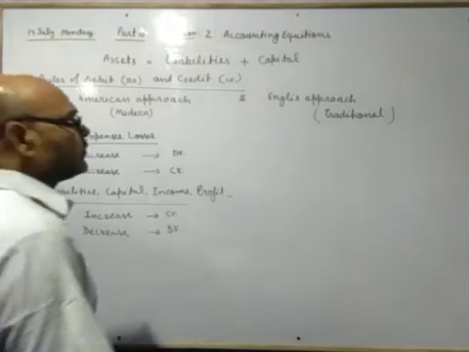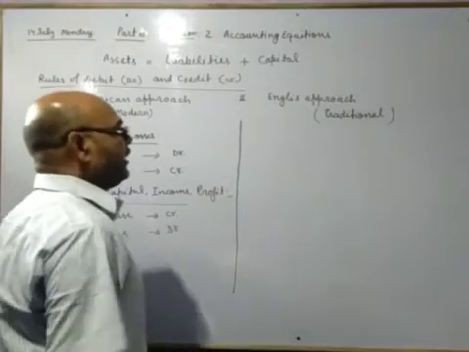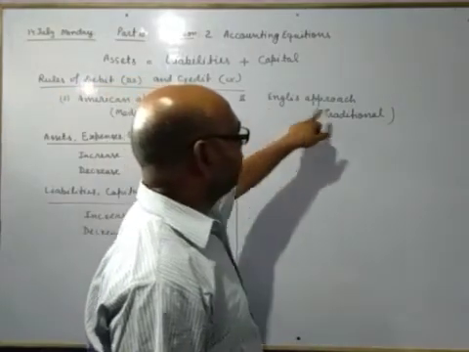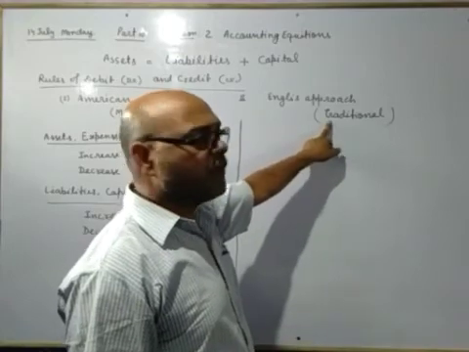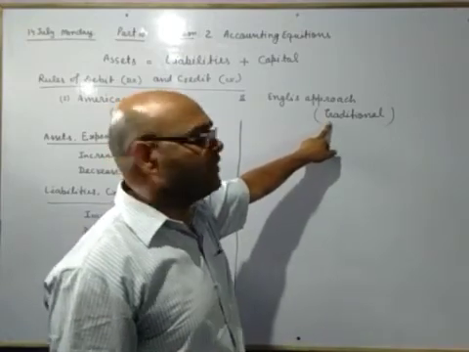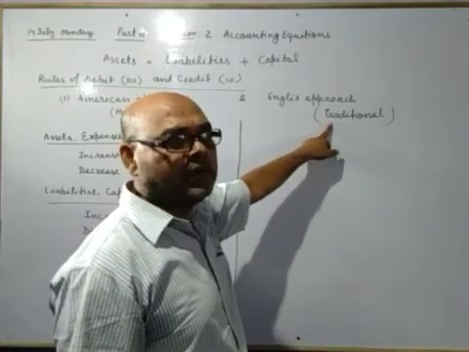Secondly is the English approach. This is called the traditional approach, and this is also called the golden rule of debit and credit.